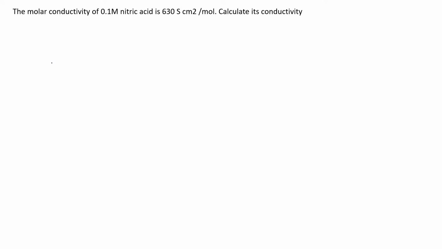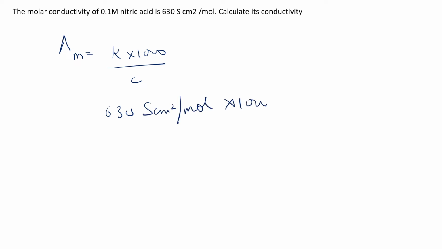Here you can say molar conductance is equal to kappa into 1000 over C. The molar conductivity of nitric acid they have mentioned is 630 Siemens centimeter square per mole, into 1000, and the concentration you have is 0.1 mole per liter.